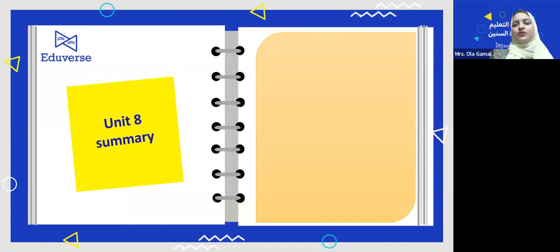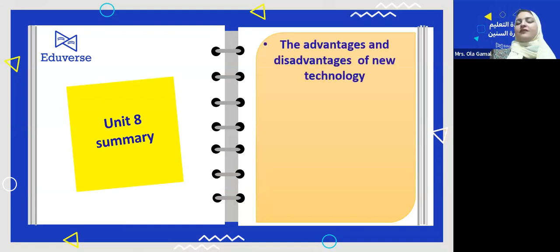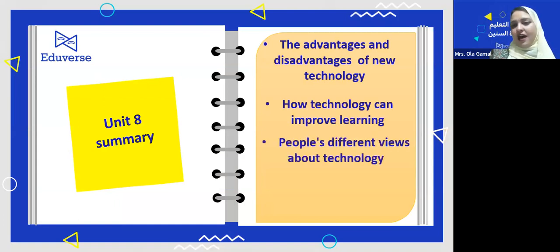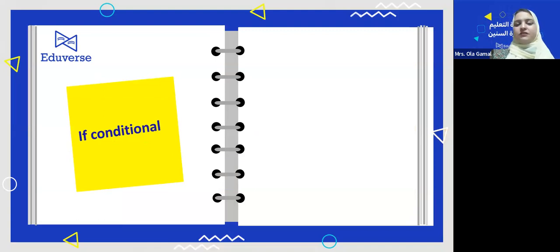Now we're going to move to Unit 8. In Unit 8, we learn a lot of things: the advantages and the disadvantages of new technology, or the pros and cons of technology, and how technology can improve learning, and also people's different views about technology. And also the grammar was conditionals, the if conditionals with the types of it. Now let's start revising the if conditional together. For the zero conditional, we use it with general truths, with facts.